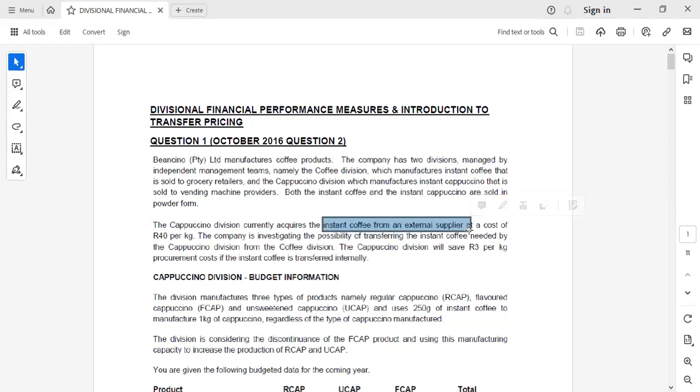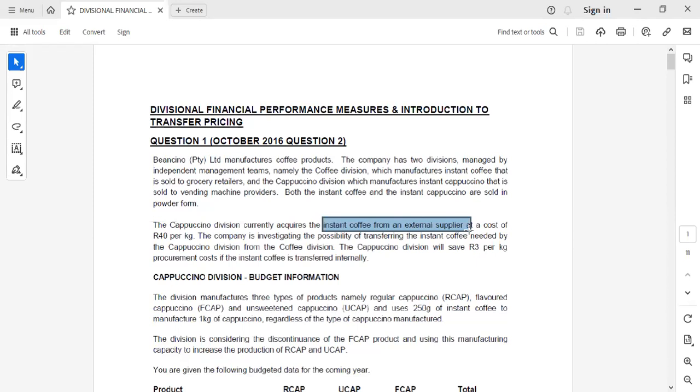Right. So you see, the cappuccino division is buying the instant coffee from outside. They are not buying from the coffee division, although the coffee division is producing that coffee at a cost of 40 per kg. The company is investigating the possibility of transferring the instant coffee needed by the cappuccino division from the coffee division. The cappuccino division will save 3 Rand per kg procurement costs if the instant coffee is transferred internally.